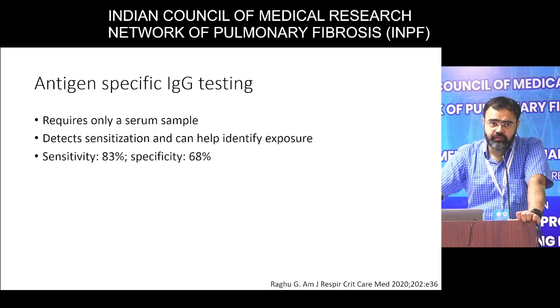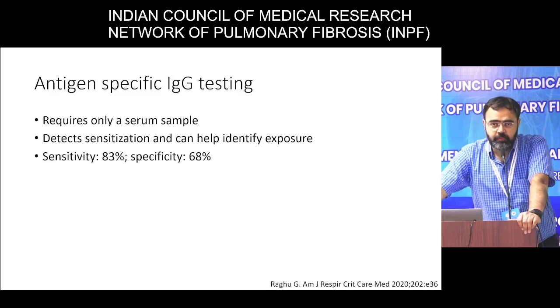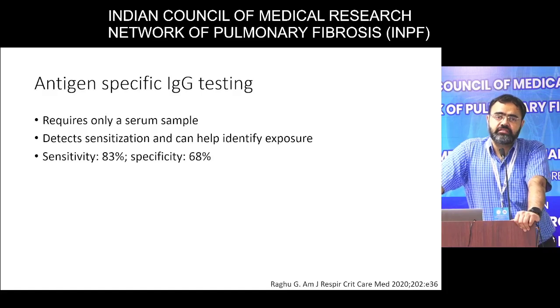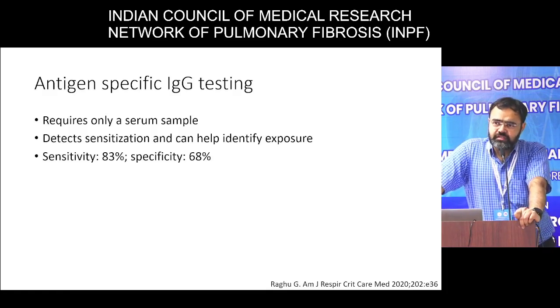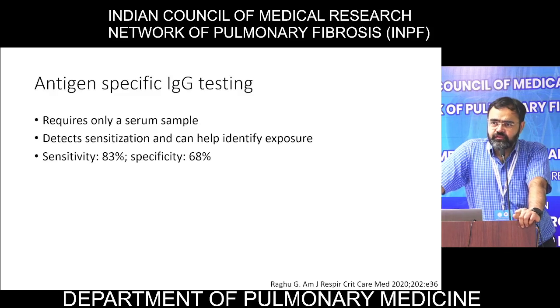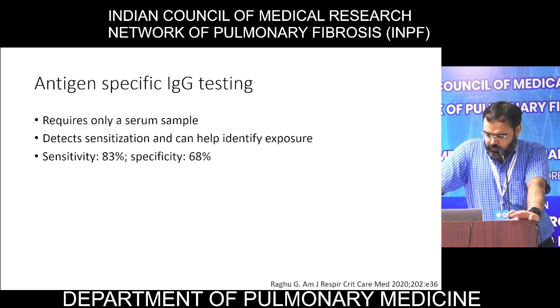The paper is under review, is going to be submitted for publication, and we have assessed the cutoffs for 4 molds, that is Aspergillus fumigatus, Penicillium chrysogenum, Cladosporium herbarum, and Micropolyspora faeni. So you'll see that paper soon, and we'll have those cutoffs at least to use in our clinical practice.